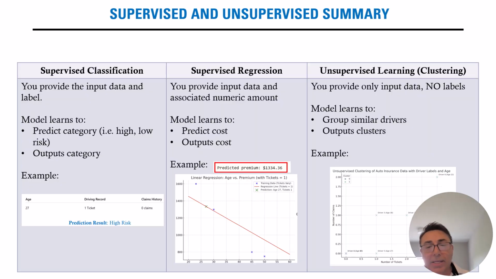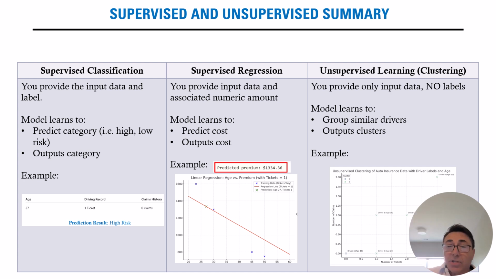And so as a summary for our supervised and unsupervised presentation: in supervised classification, you input the data as well as the label, the classification. For example, you give it high, low risk, and it outputs that classification for you. In supervised regression, you provide again the input data and the associated amount, which in this case is the output, so the model will learn to predict that cost for you.